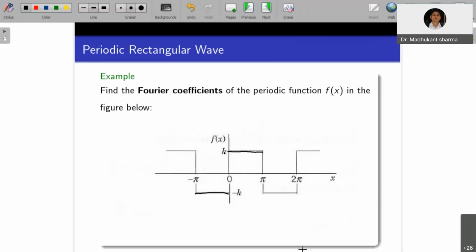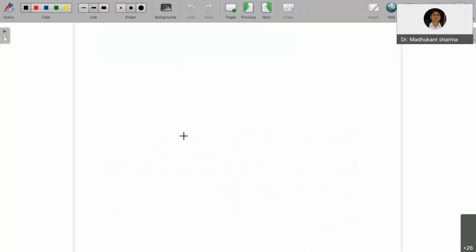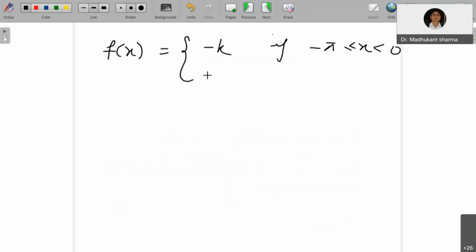So this is the definition: f of x equals minus k if minus pi is less than or equal to x less than 0, and k if 0 is less than or equal to x less than pi.